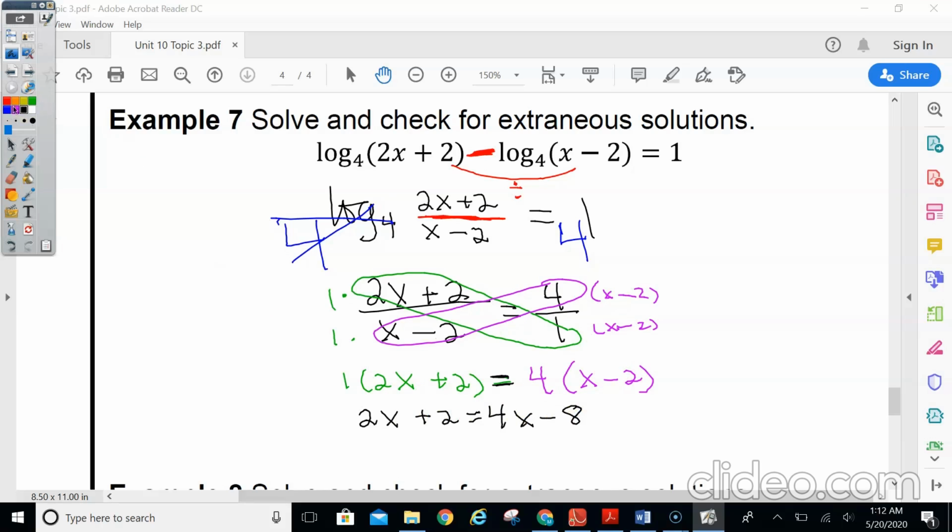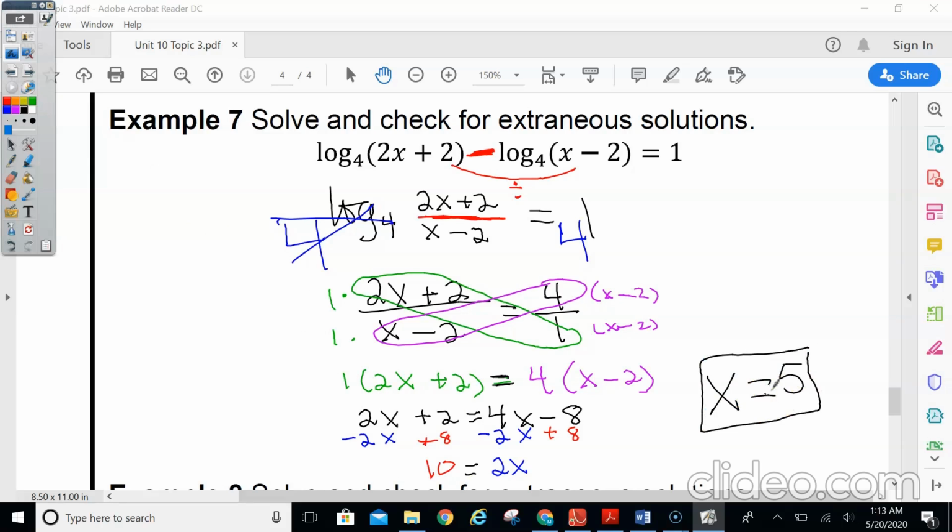So get the x's to one side, subtract 2x, and I get 2x over here. And add 8 and get 10. So when I divide both sides by 2, x is 5.